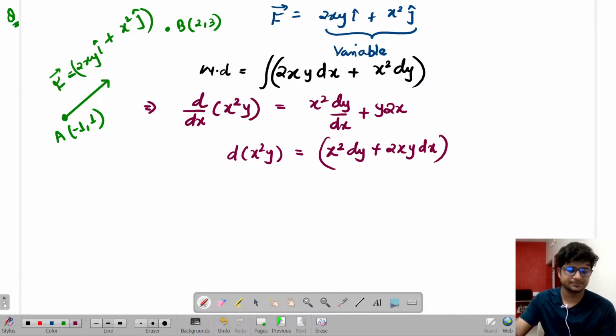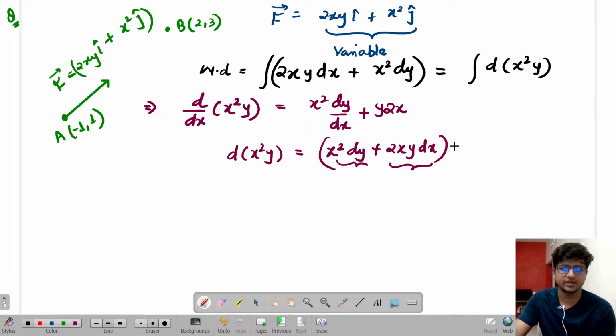Can you see that? Here, this form is one form and this is the other form. This form is available over here as f of x, and this form is available over here as x square dy. It means the same equation has been broken into a smaller part, where I can write it simply as d of x square y.